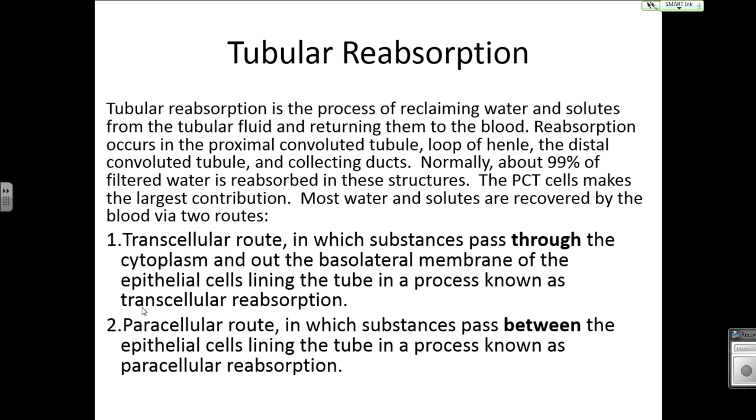Now, the cells of our proximal convoluted tubule are going to have microvilli, which allow them to reabsorb in great quantity. But we don't always absorb the stuff directly into the cell. Sometimes it passes between the cells. That's called paracellular reabsorption versus transcellular, which is where they actually pass through.